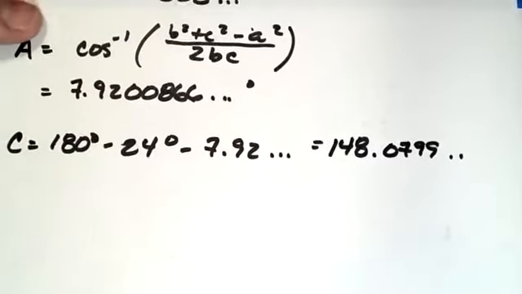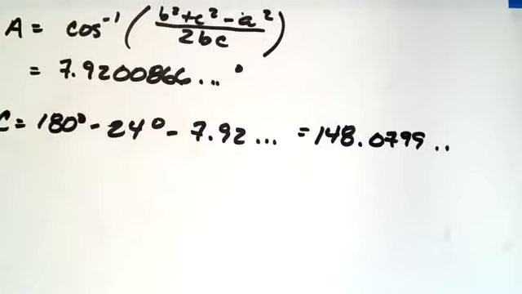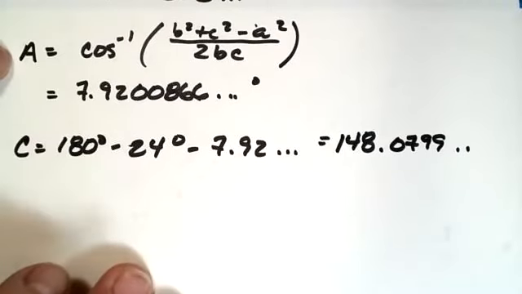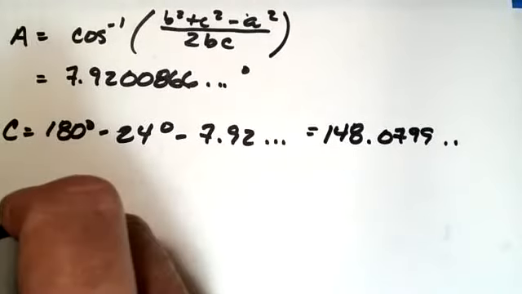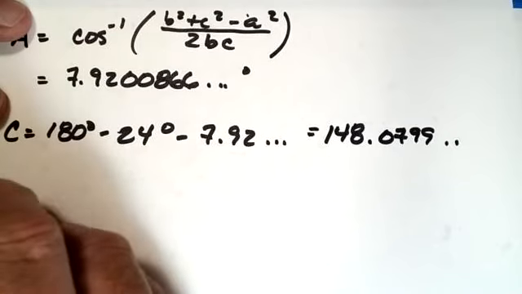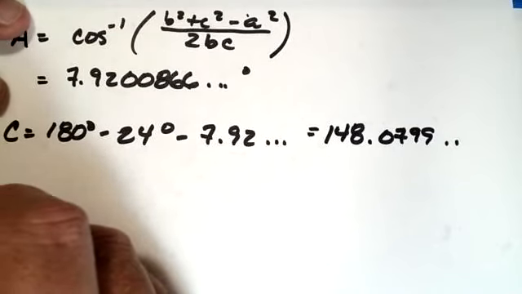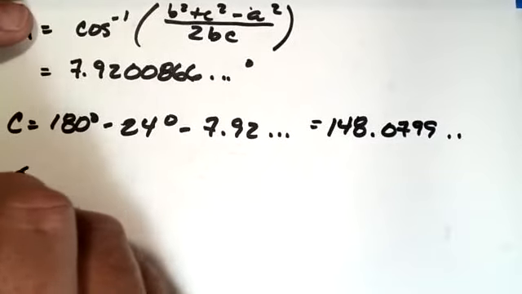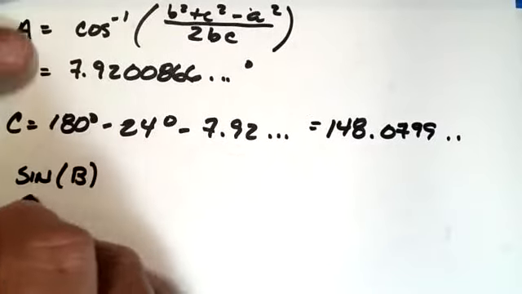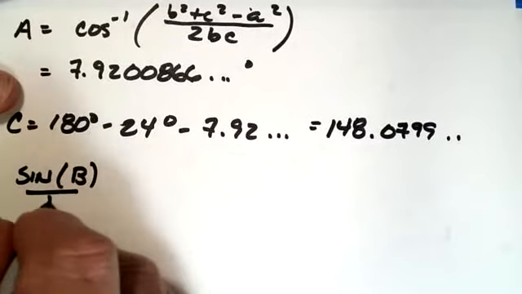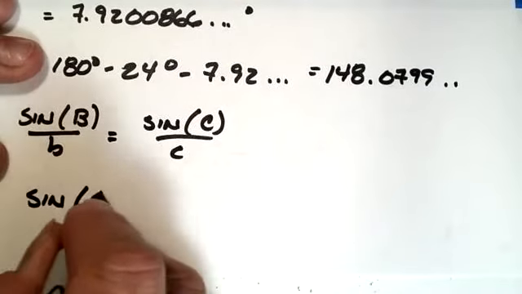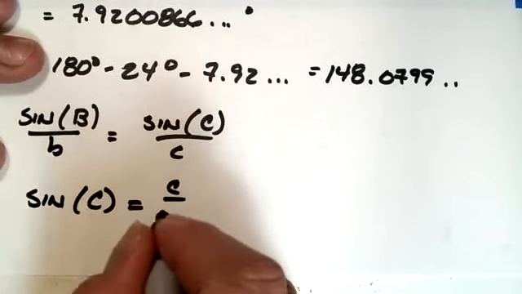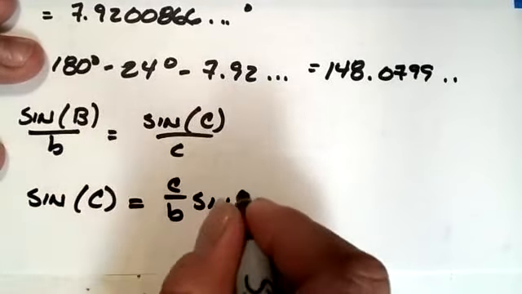I'm going to come back to this in just a second, because notice if I had instead of calculating A first, calculated C and tried to use the law of sines, the relationship would be, let's see, I did calculate B, so I have sine of B over B equal to sine of C over C. When I try to solve this, I'll end up with sine of C equal to C over B times sine of B, which will give me an answer.